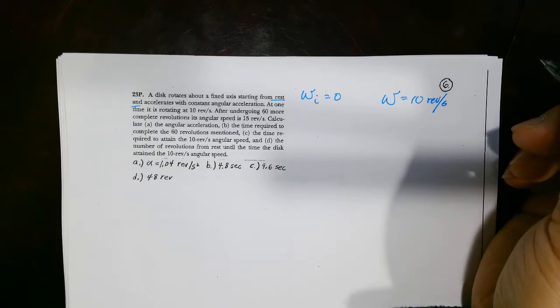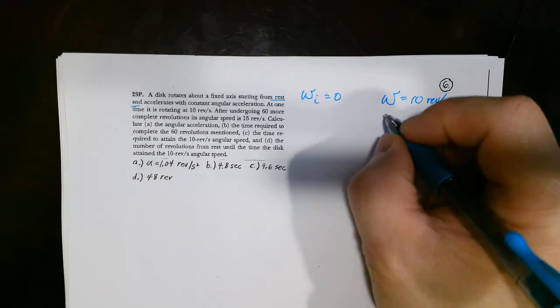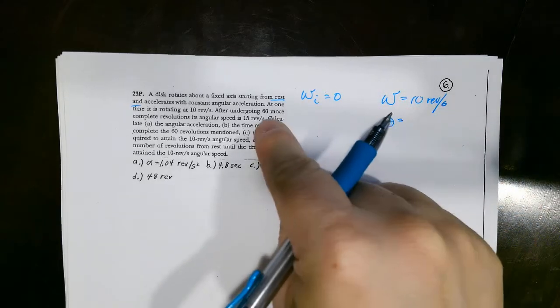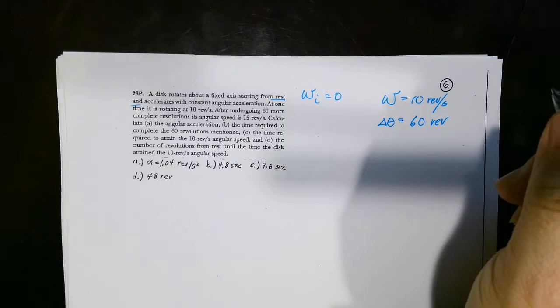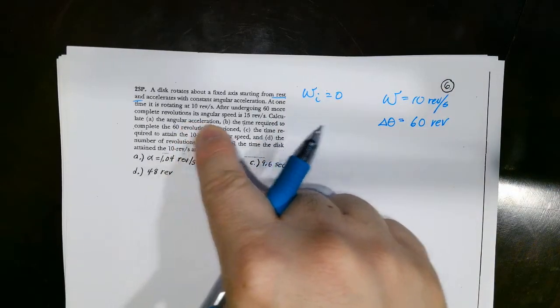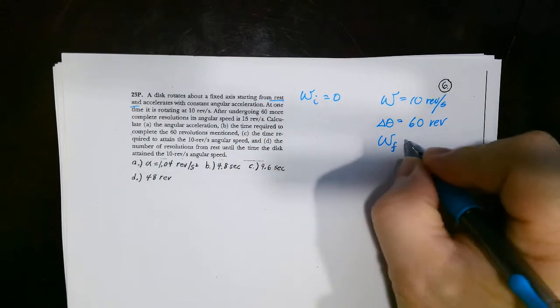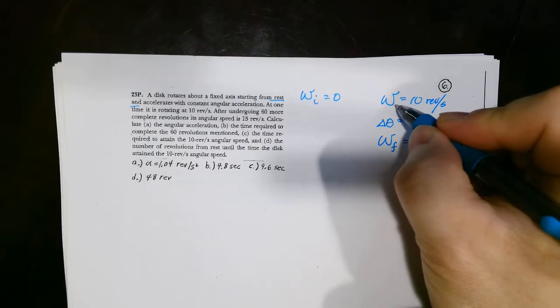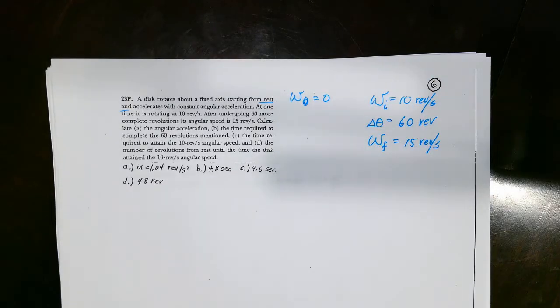Undergoing 60 more complete revolutions, its angular speed, my omega final, happens to be 15 revolutions per second. So we could consider this to be our new initial, our starting omega naught.